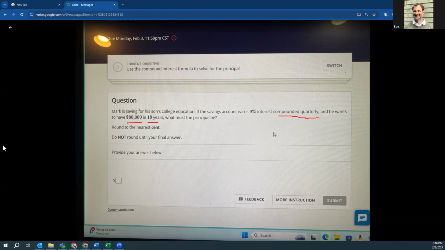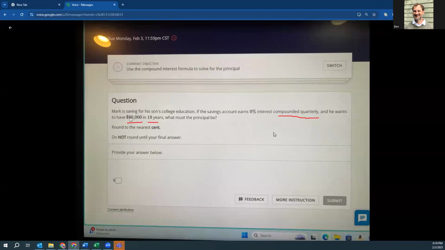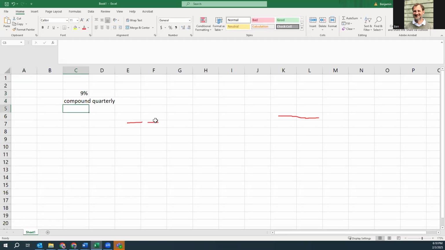Okay, so I'm going to start with what I know. 9% compound quarterly. Target is 80,000. This is my APR, and I have 18 years to do it.